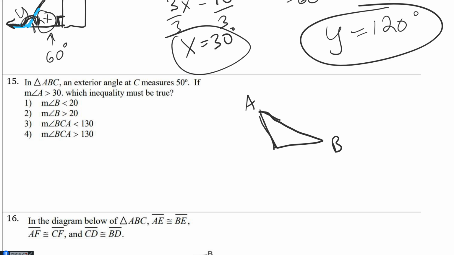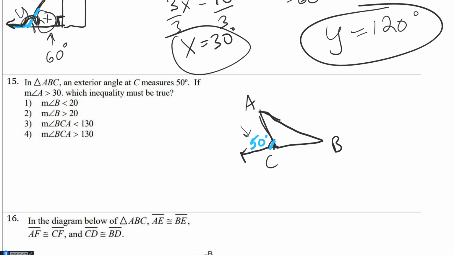A, B, C, and you've got an exterior angle at C, so I'm just going to extend that side. This angle right inside here is 50 degrees. If the measure of angle A is greater than 30 degrees, which inequality must be true?